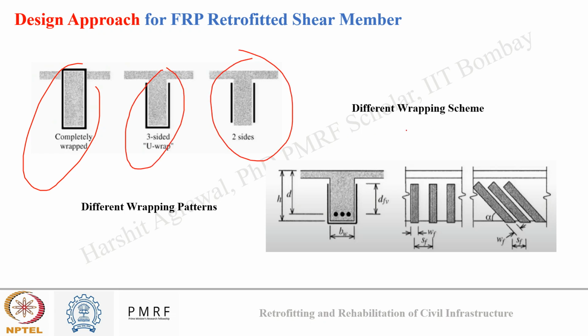These wrapping orientations can also be different: either perpendicular, or at a particular angle. So for designing FRP for shear, all these things need to be considered since each of them will offer a different level of FRP strengthening. In today's session, we'll see how these factors are included when designing an FRP retrofitted shear member.